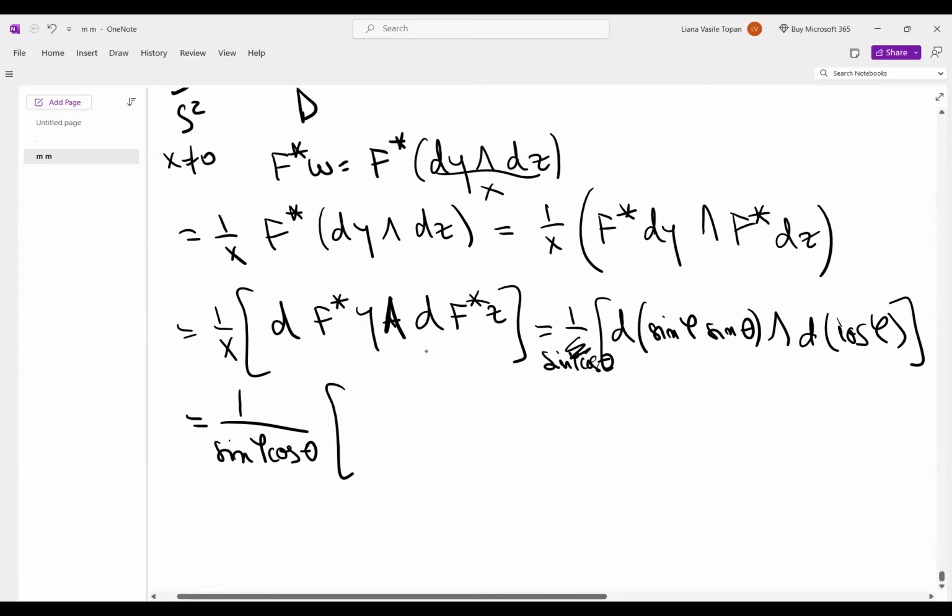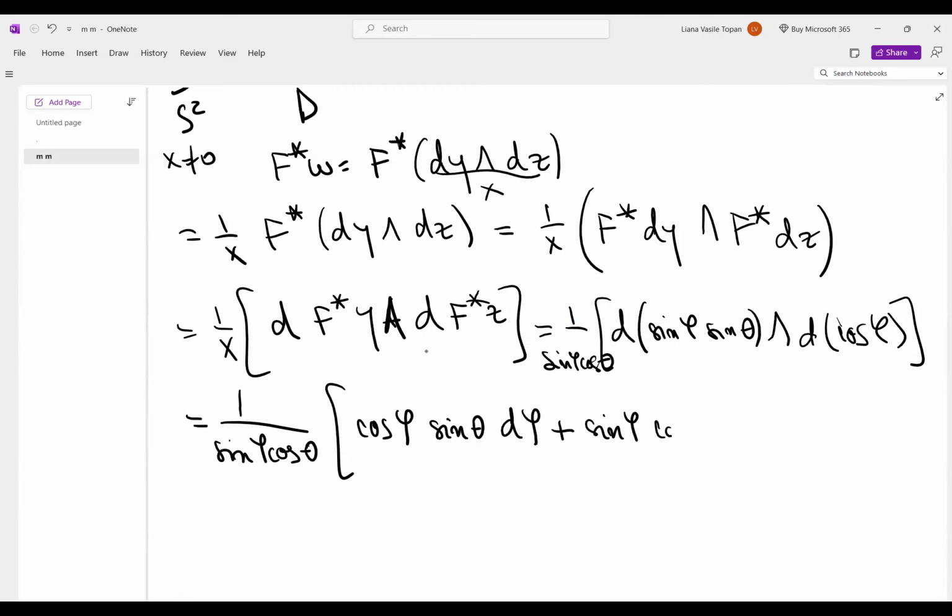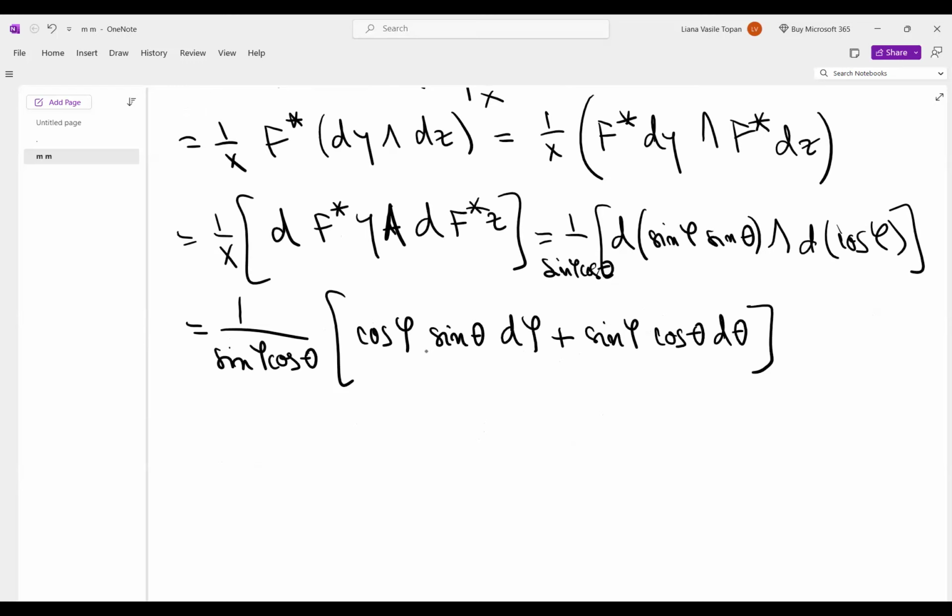And now d of sine of phi, sine of theta, so the derivative of sine of phi, that's cosine of phi d phi, right? So I forgot the sine of theta, d phi plus sine, and wedge, and here this is minus sine of phi d phi, right?